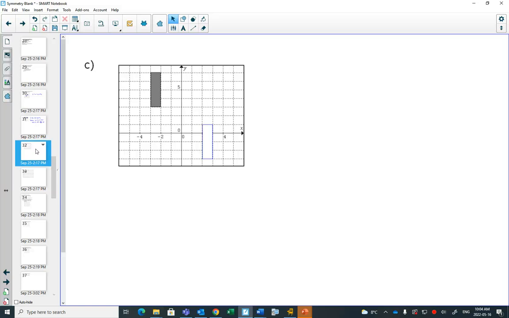Any line symmetry in this one? You want to go diagonal? Which way? This way? This way?